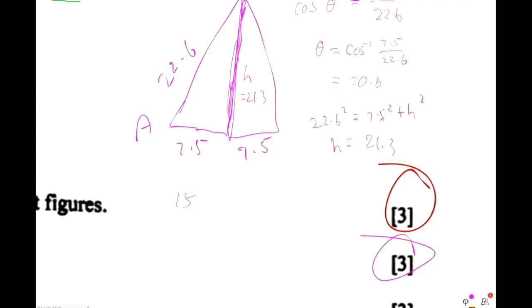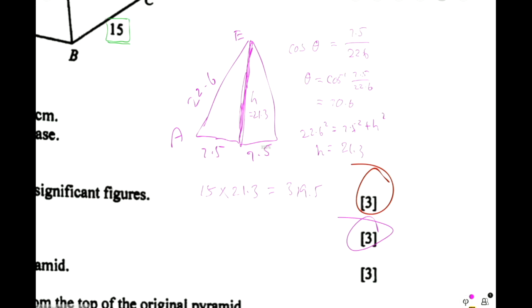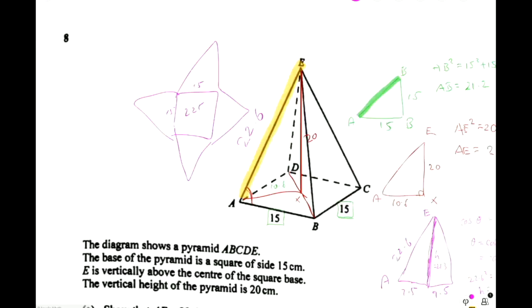It's 15 times 21.3. You get 319.5. So each one of these is 319.5.